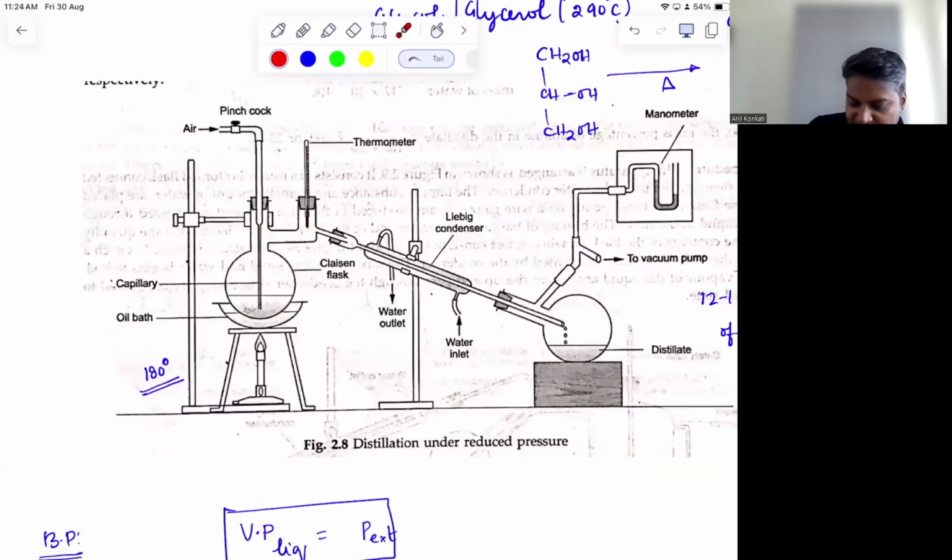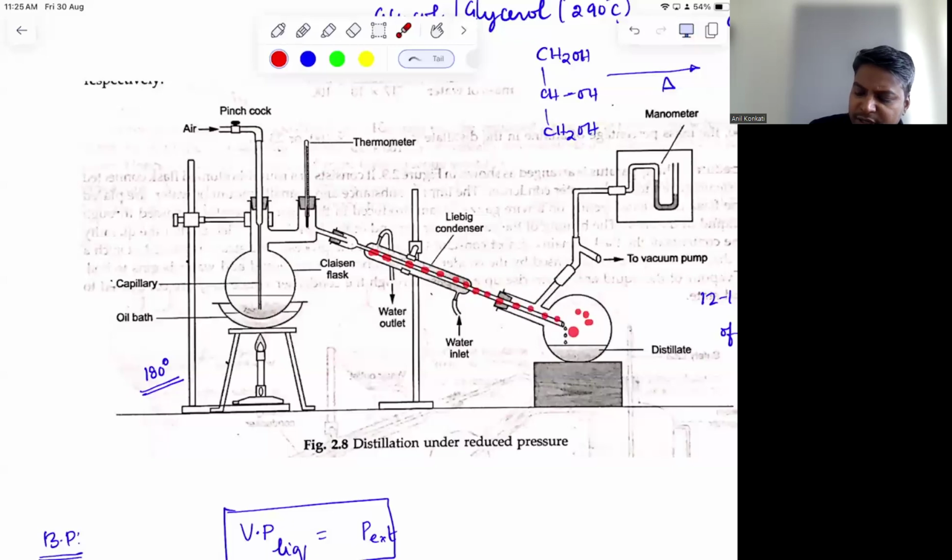So when it is at a low pressure, you take this oil bath and start heating this glass in which we have the substance which we have to separate out, like glycerol and all. Okay. Then we will pass hot air if required, and then start heating around it, and you will see vapors will start coming out of it, which will be again using a Liebig condenser.